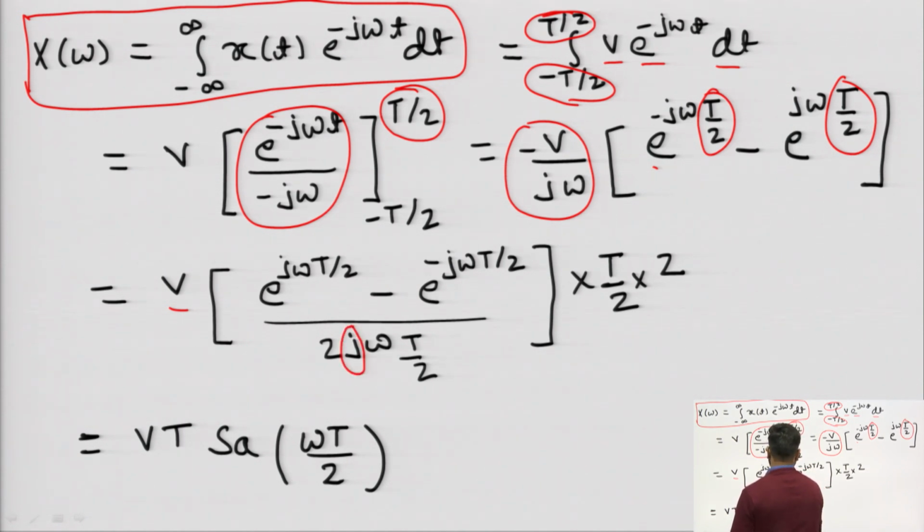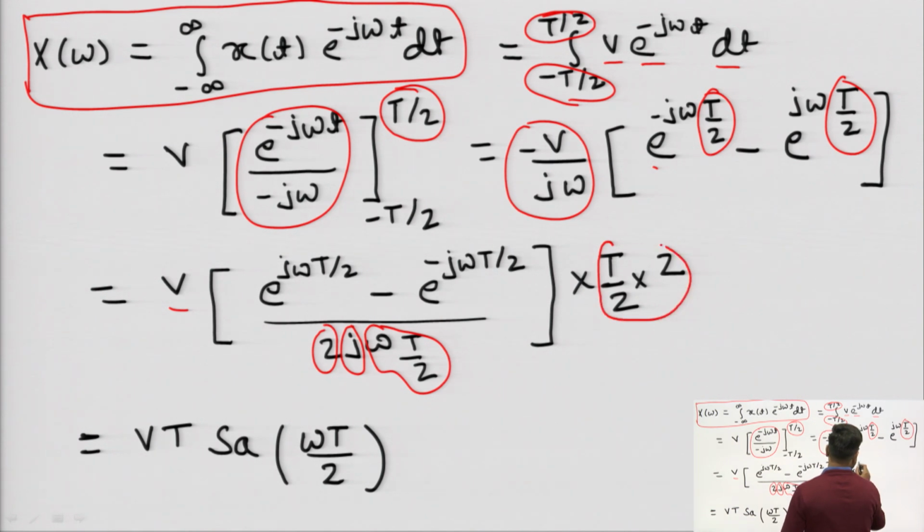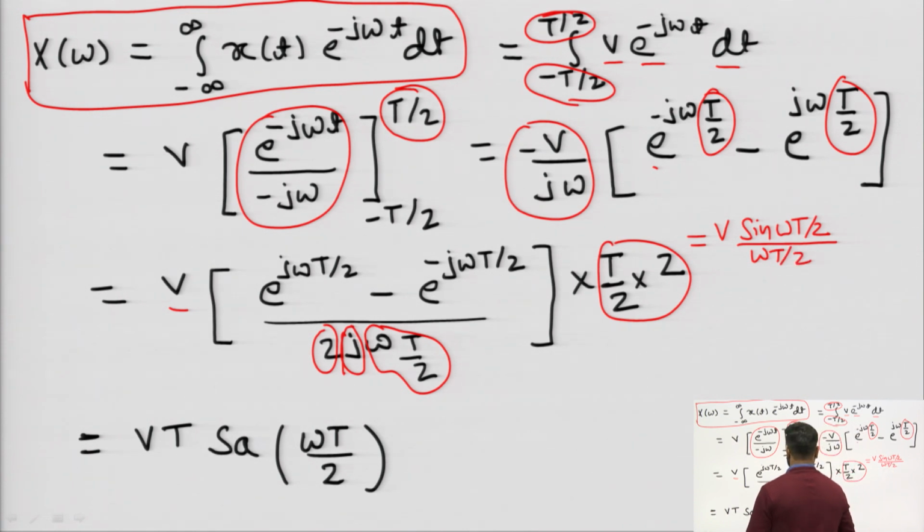Now we multiply and divide by 2 into T by 2, just to make the form of sine of omega T by 2 divided by omega T by 2.